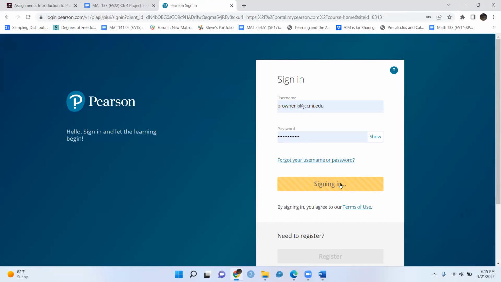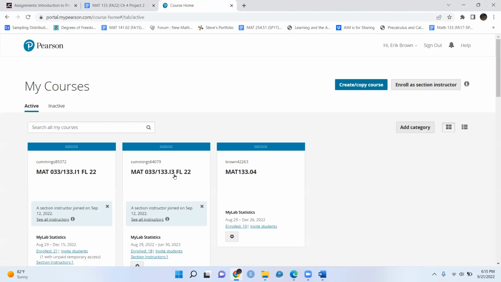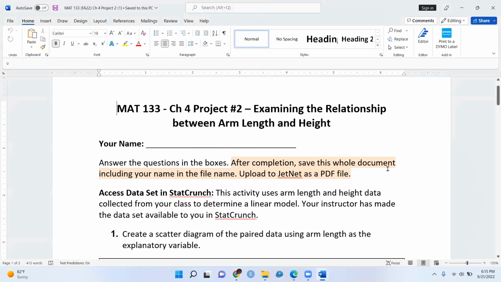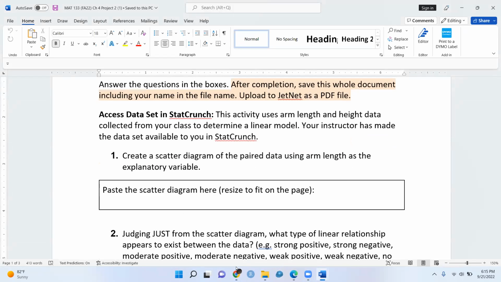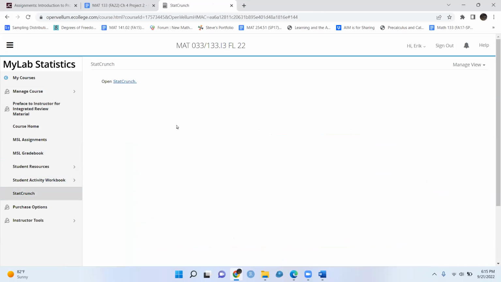It's not there. Okay, so we're getting to StatCrunch, and we are going to do this project as a starter. We're going to have to search for this because no one filled out the survey about their arm length because I didn't actually assign it to you to do.